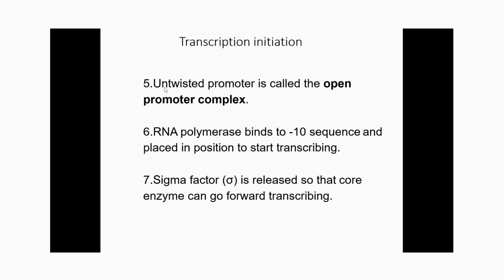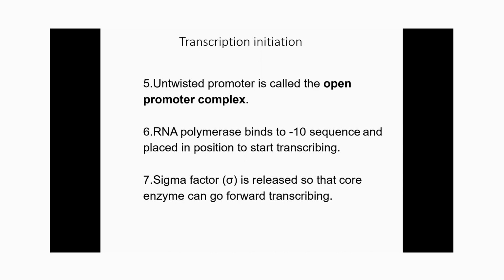Then this untwisted promoter is called the open promoter complex, and then RNA polymerase binds to the -10 sequences and takes the position to start transcribing. The sigma factor is released so that the core enzyme can go forward transcribing, or synthesizing the RNA molecule.